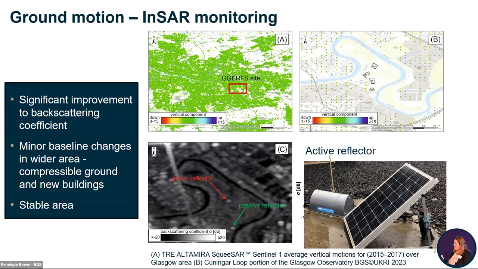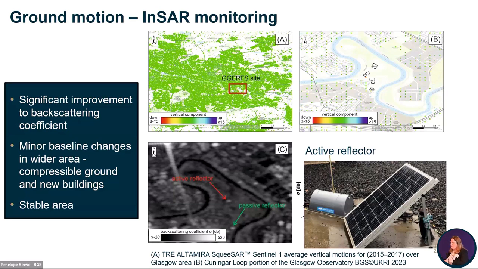In the image on the bottom left, you can see those two little reflectors in the area of the observatory at Cunningar Loop. So it's increased the accuracy, and the top left-hand image is how much the ground has gone up or down in a much wider area of Glasgow than the site we're looking at the moment.